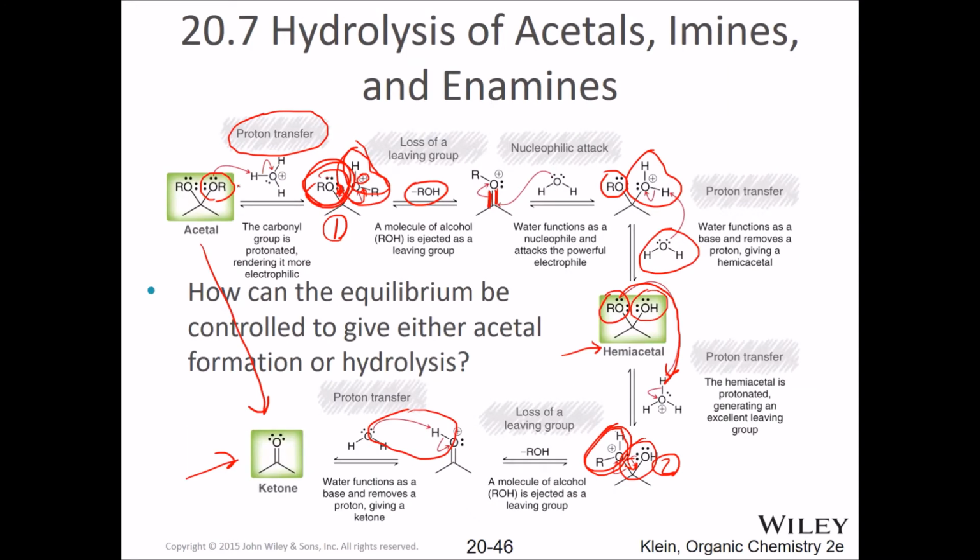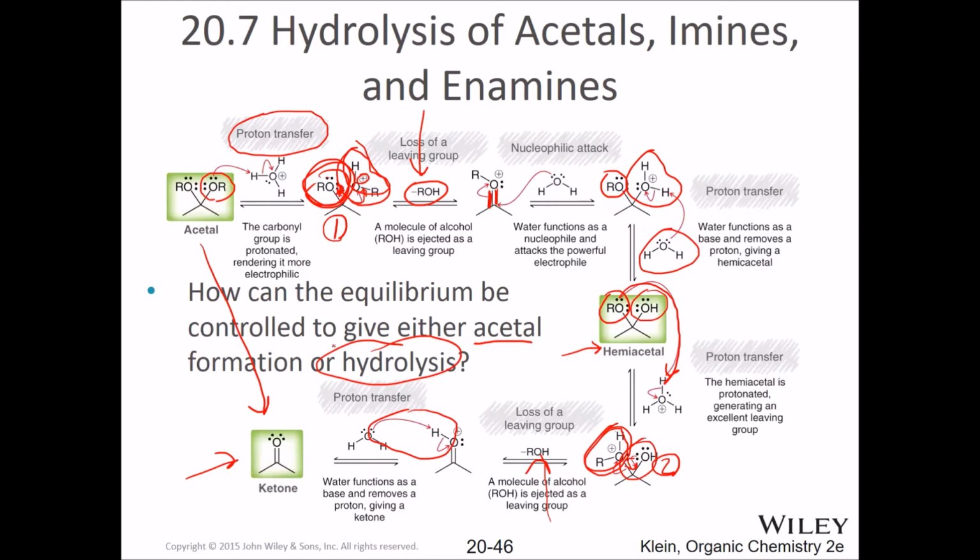How can equilibrium be controlled? To give either acetal formation, which we have in section 20.5 or 20.6, either acetal formation or the opposite, which is hydrolysis. How can we do that? Well, there we go. Right? If we get rid of the alcohols, there's another loss of an alcohol. Right? If we're somehow getting rid of those alcohols, then we're going to tend toward the ketone.